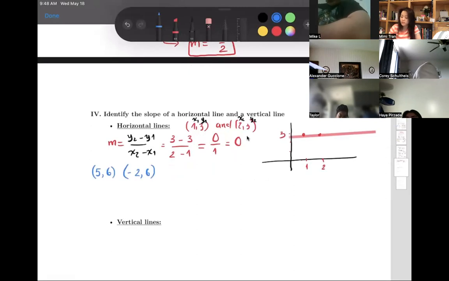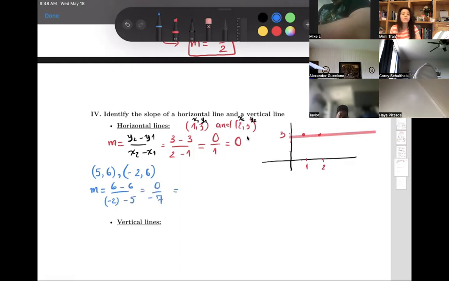Again, if you use the slope definition, m equals y2 minus y1, well, y2 and y1 are the same, so the top is going to be 0 again, right? So it's 6 minus 6 divided by -2 minus 5, so 0 divided by -7 is still 0, right?